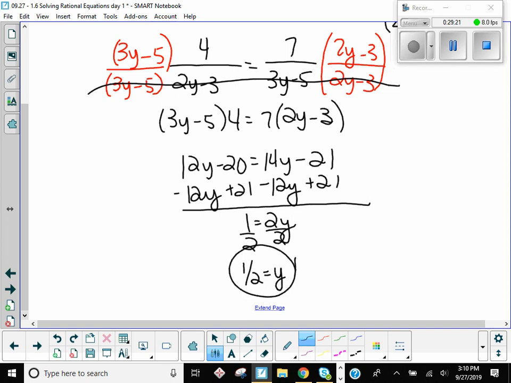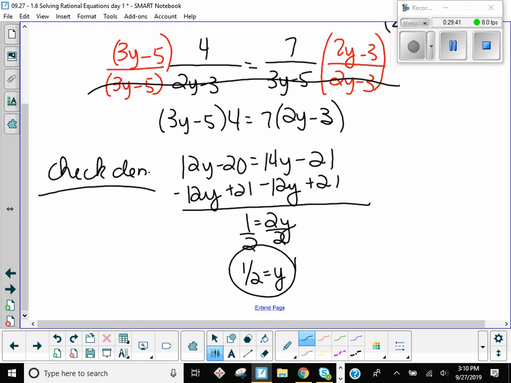Who got 1/2? Okay, excellent. Who checked the denominators with their solution? Considerably less hands. Don't forget to check. I'm checking that it doesn't make any of the denominators 0.